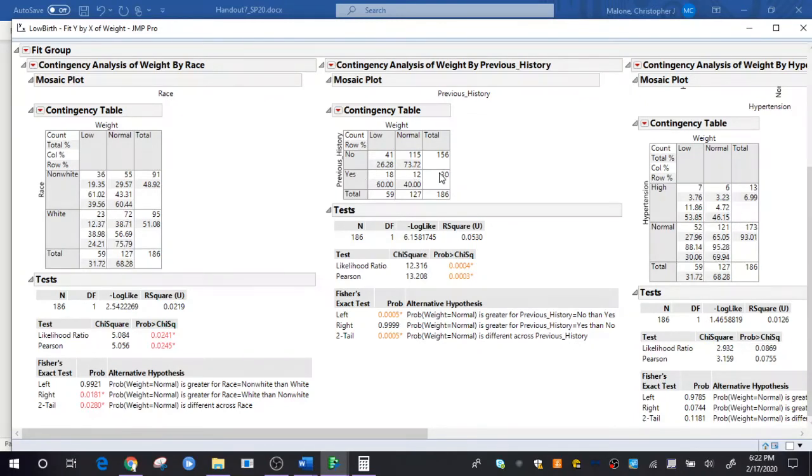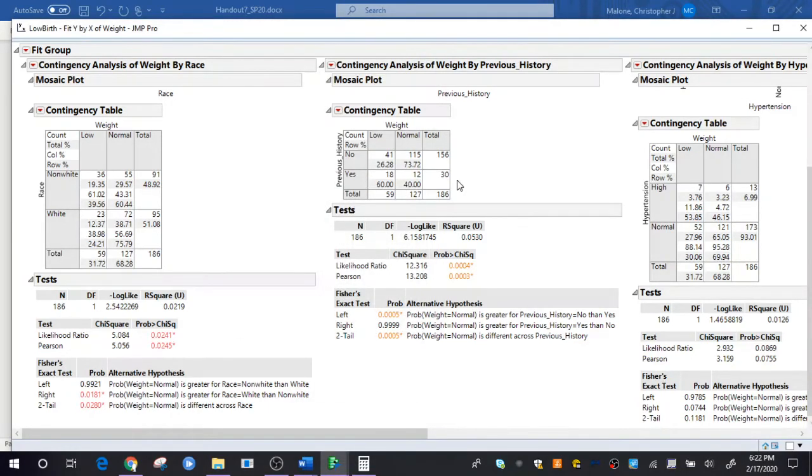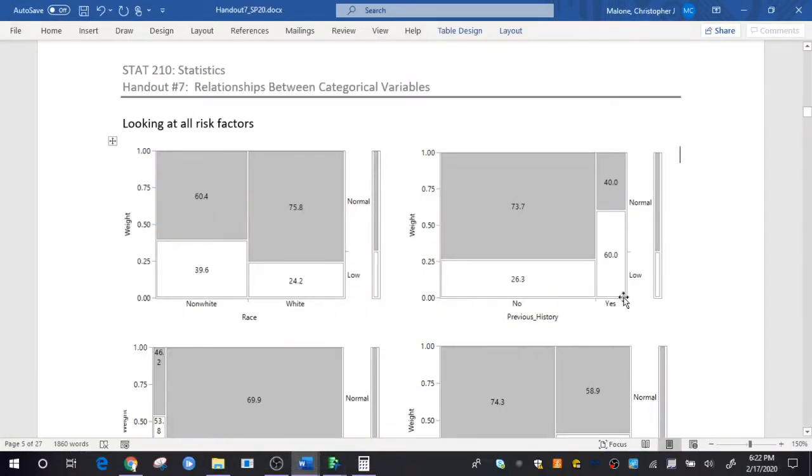So I didn't have very many mothers that had previous history, only 30. So what is 30 divided by 186? 186 was the total there. Only about 16% of the mothers had a previous history. So this column right here is 16% of the width. This other column would be the 84%. So again, the width here just indicates an idea of how many people are in this group relative to this group.